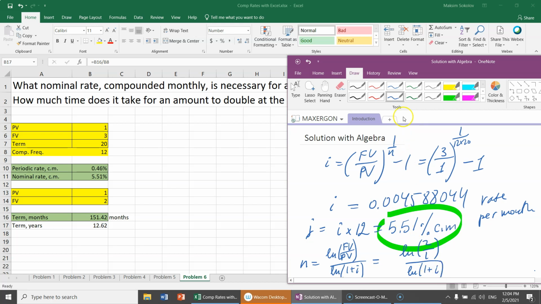Here, we'll just use this i, which is the same i as I already found. So if I substitute this i and find logarithms, the answer will be 151.42 months, rounded to 2 decimals. And again, that's the answer, exactly as the one we received in Excel. This will be finalizing the video.